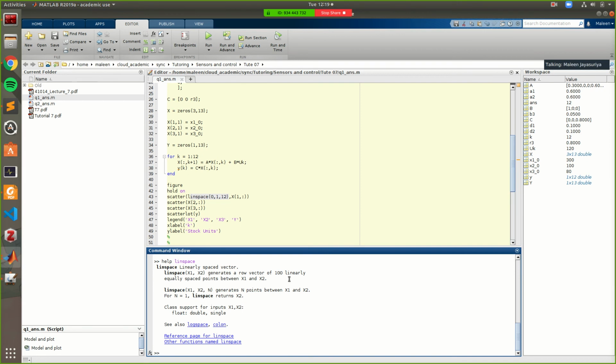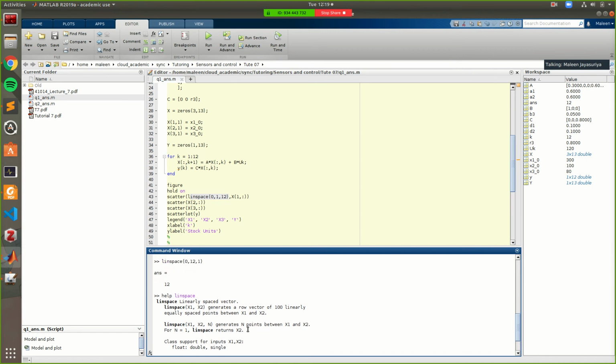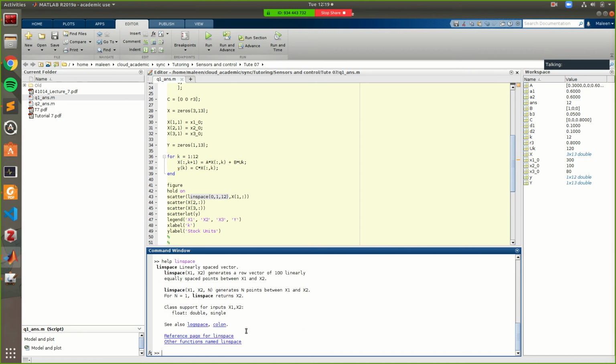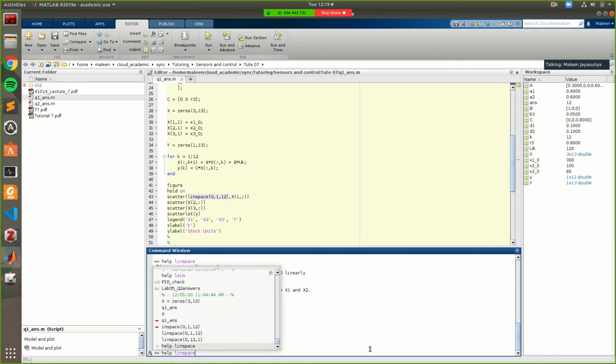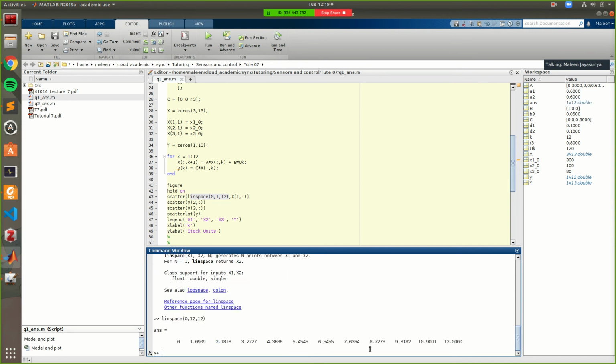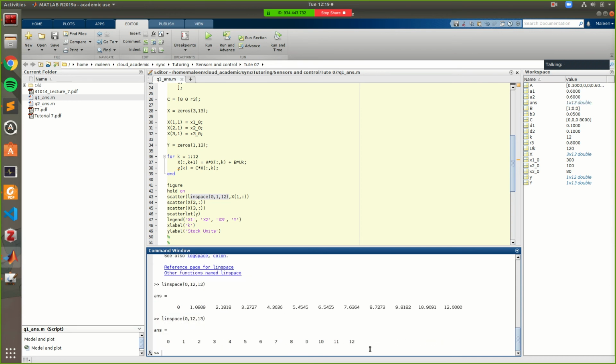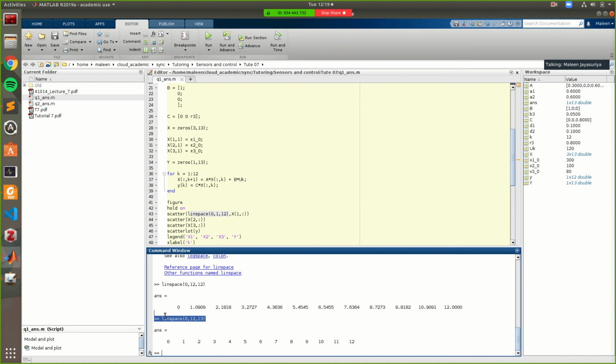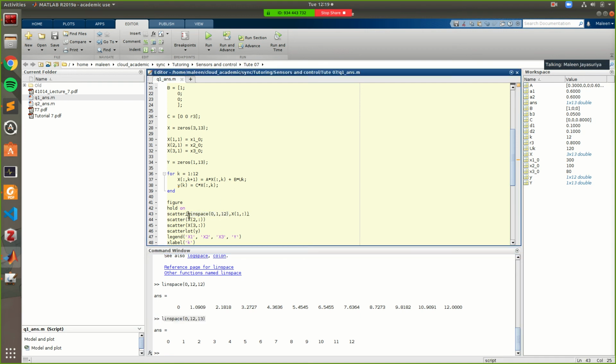The linspace documentation says it generates a row vector of linearly spaced points between x1 and x2. Right, so what we need to do is do this. There we go. If you're using a scatter plot, you need x coordinates as well, so you'll have to add that in.